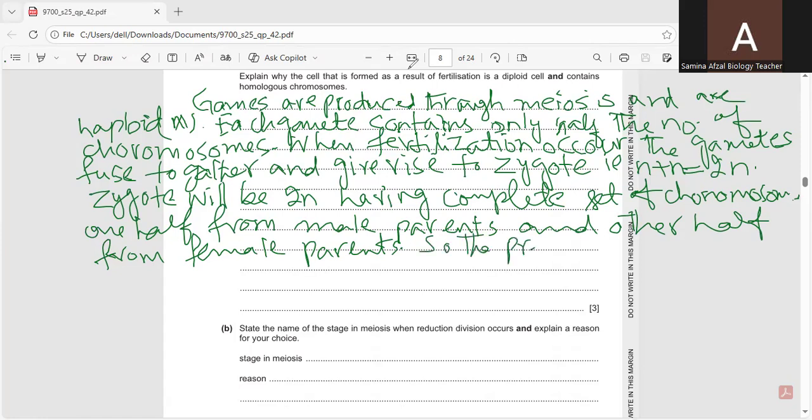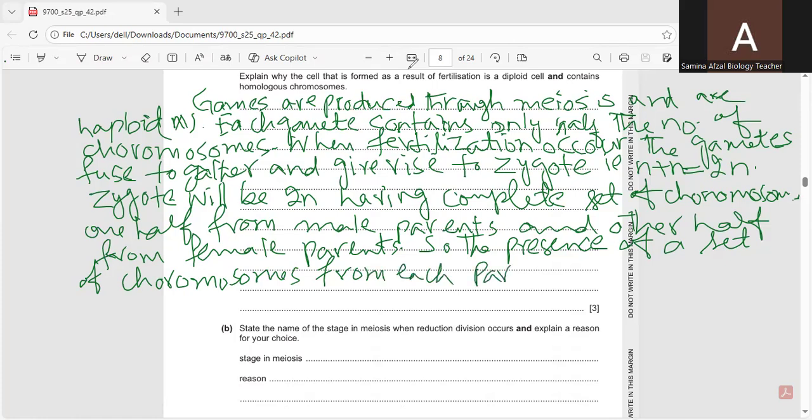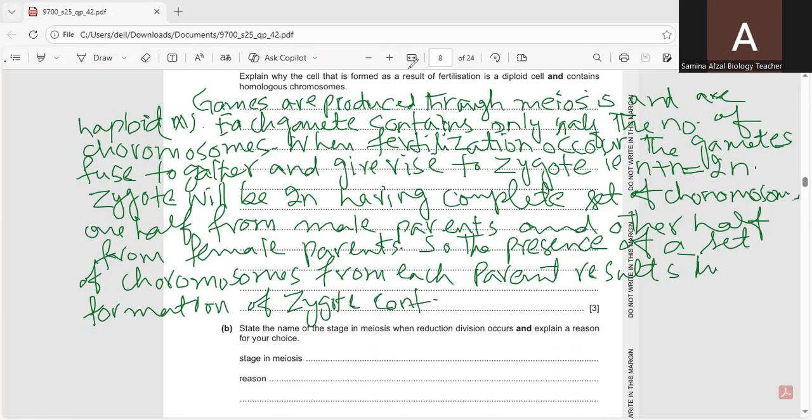So the presence of a set of chromosomes from each parent results in the formation of a zygote containing homologous pairs of chromosomes.